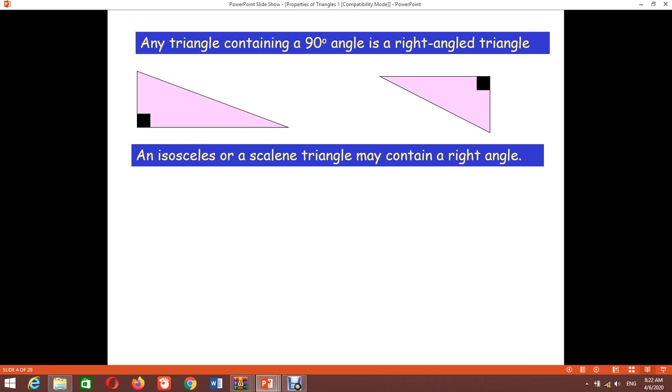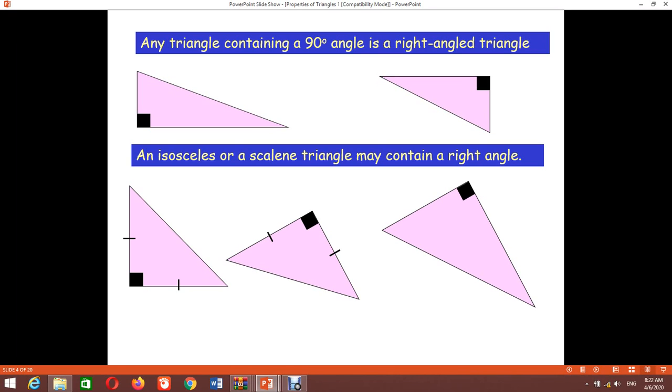An isosceles or a scalene triangle may contain a right angle. So the 3 diagrams below can either be an isosceles or a scalene triangle that can contain a right angle.